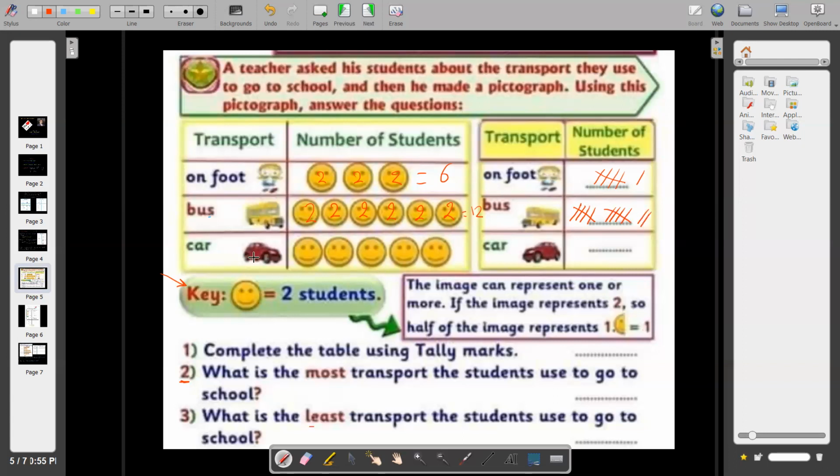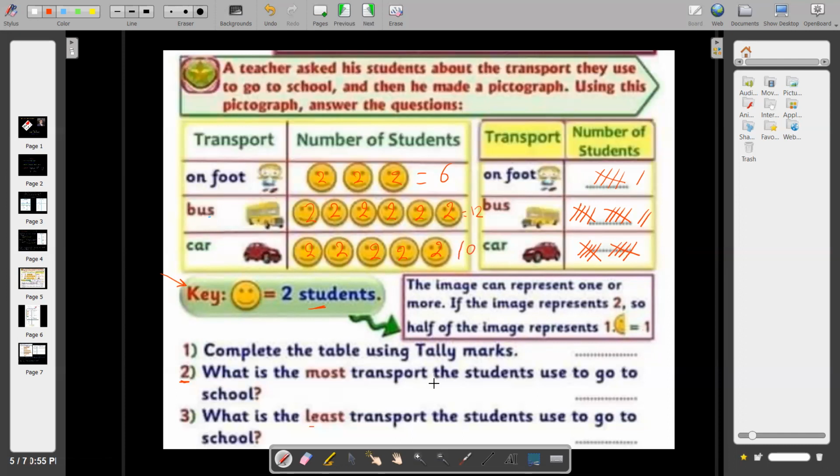How many children go to school by car? We count 2s, because each face is 2: 2, 4, 6, 8, 10. How to draw 10? 1, 2, 3, 4, 5, 6, 7, 8, 9. Cross it, equals 10.